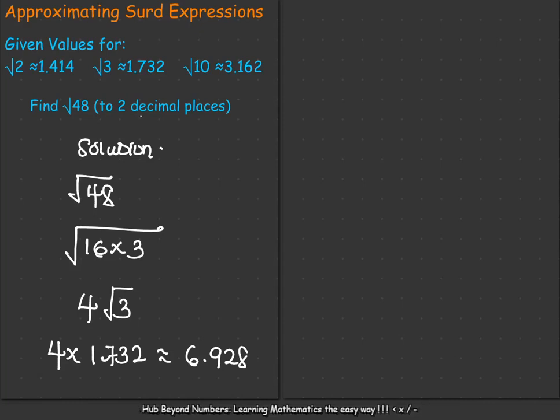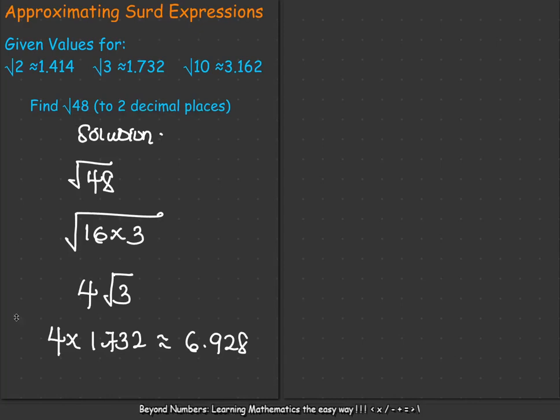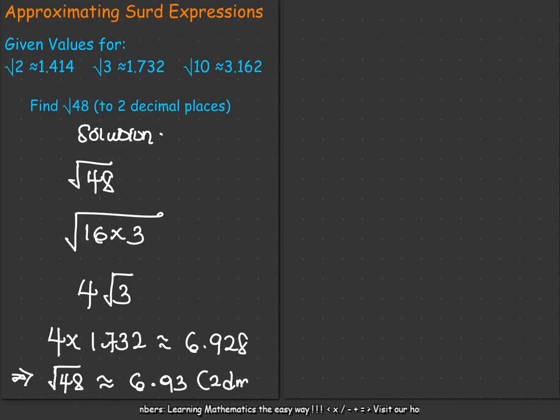Now we're asked to write it to 2 decimal places. So to finalize our answer, the square root of 48, which is what we are solving for, is approximately 6.93, and that is in 2 decimal places.